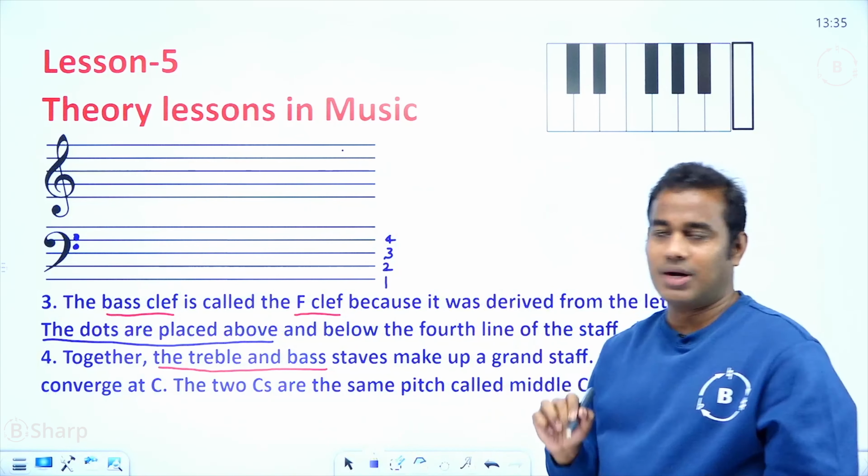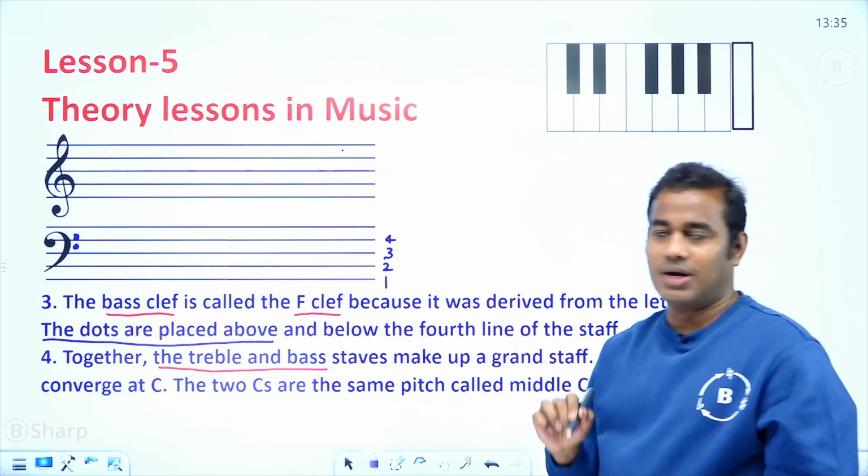Or else we can call this the treble and bass staves. So these both staves, you can call it a grand staff.